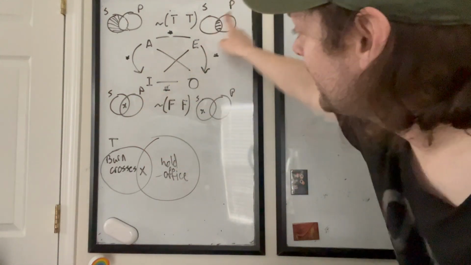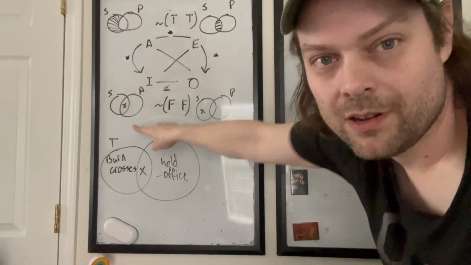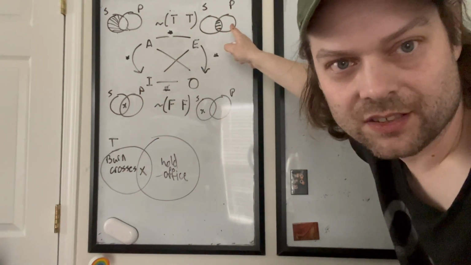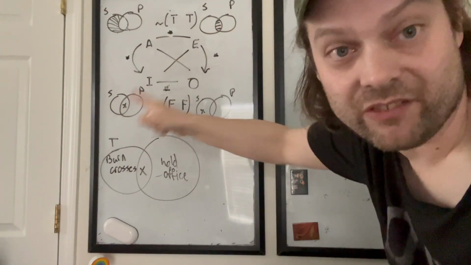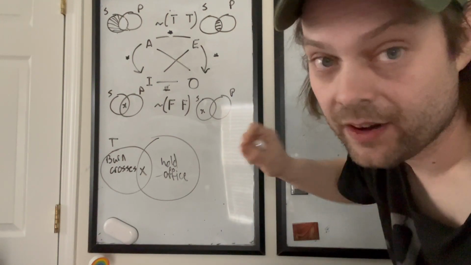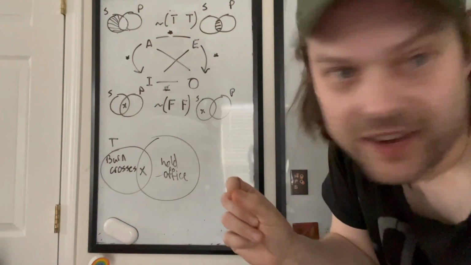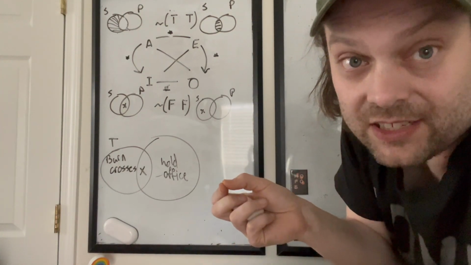First, the contradictory, right? If I is true, well, E is definitely going to be false. That's the contradictory relationship. And that's the only relationship on the board here without an asterisk. The only relationship that would work even if we allow empty categories.